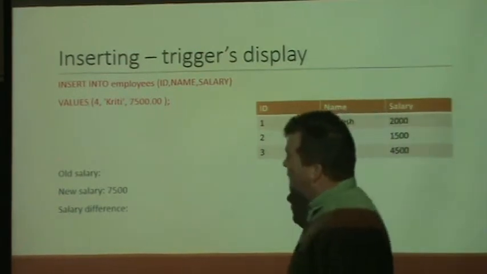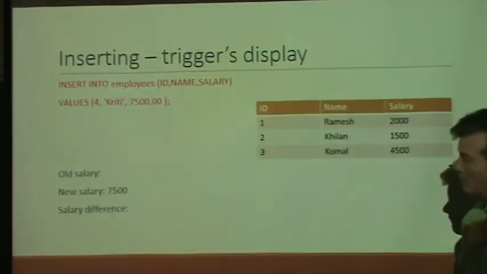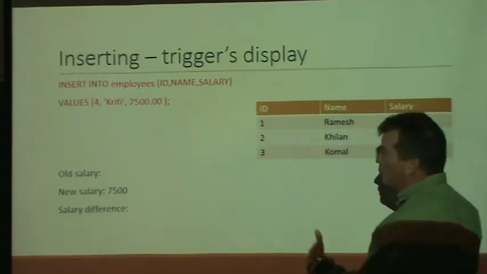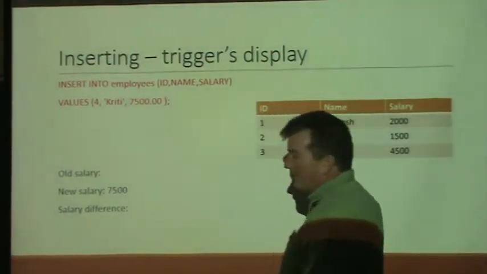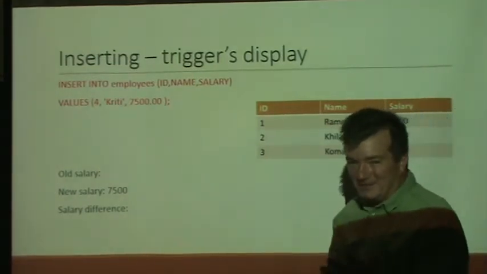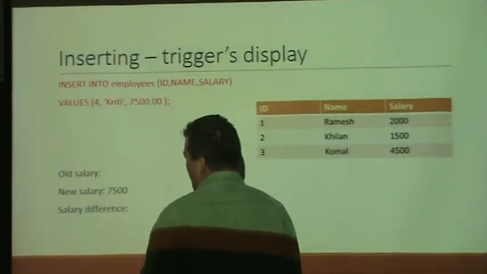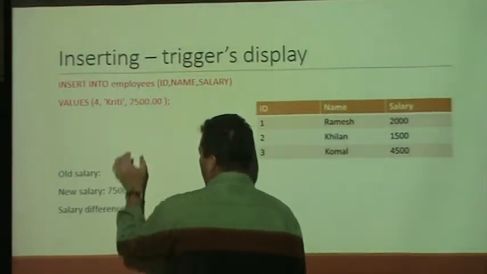So we're now inserting into the table. We're going to look at what the old salary was, and what is the old salary for this new person? There is no old salary, right? They didn't exist before. So their old salary ends up being blank. Their new salary is whatever the new salary is.